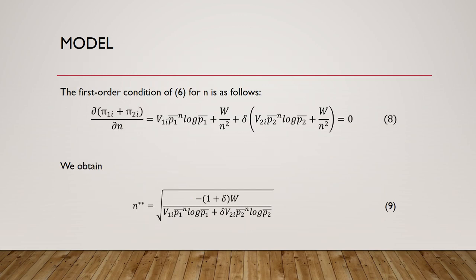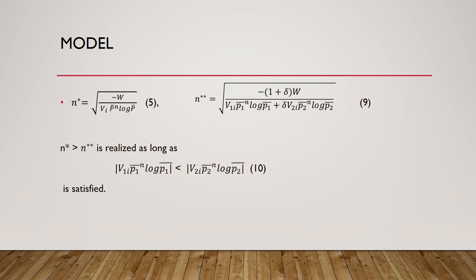Let's introduce the optimal class size for 2 periods. The first order condition of equation 6 for n is shown as equation 8. When the class size for 2 periods is decided before the first period and not changed, from equation 8, we obtain the optimal class size through 2 periods as equation 9.